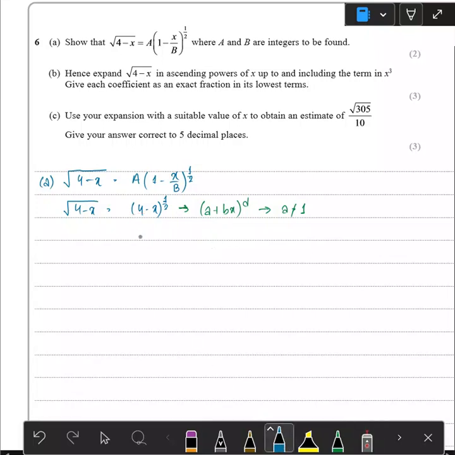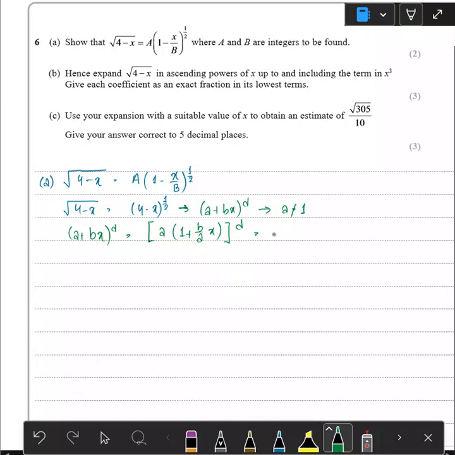The first thing that we do in a simple binomial expression where a is not equal to 1 is that we factor the a out. So when I do that, a(1 plus (b/a)x) whole to the power d.